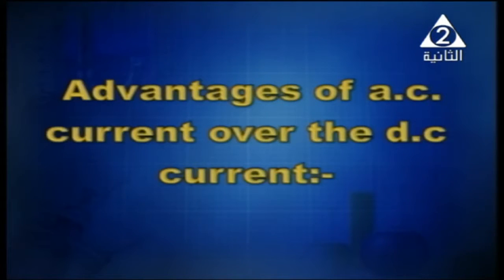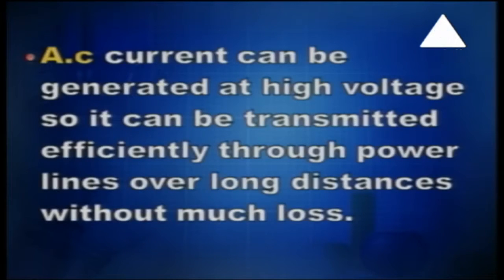And now we'll talk about the advantages of the AC current over the DC current. First of all, AC current can be generated at high voltage, so it can be transmitted efficiently through power lines over long distances without much loss.